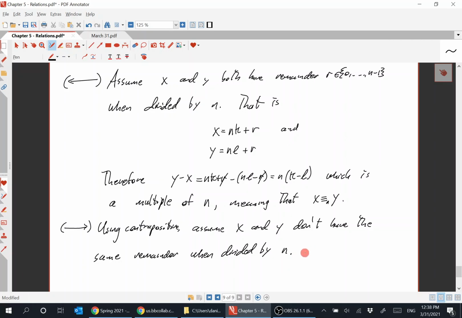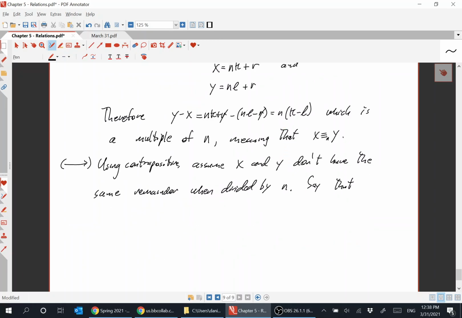Say that x is equal to n times k plus rx, and y is equal to n times l plus ry, where rx is not equal to ry, and rx and ry are in that set of possible remainders.